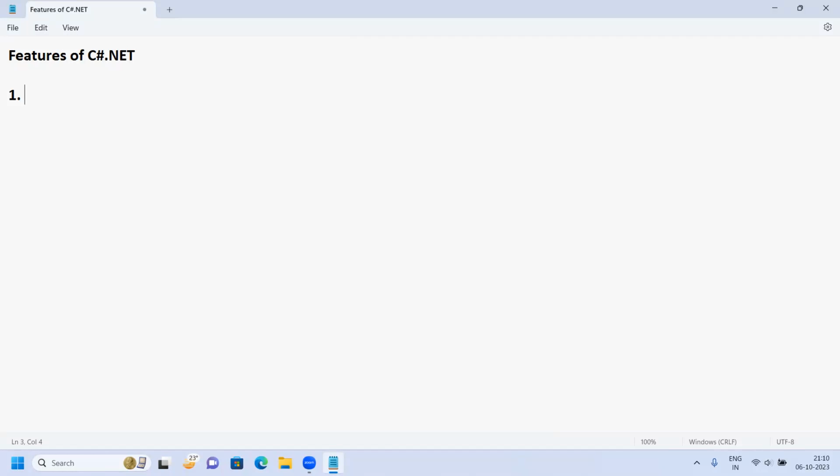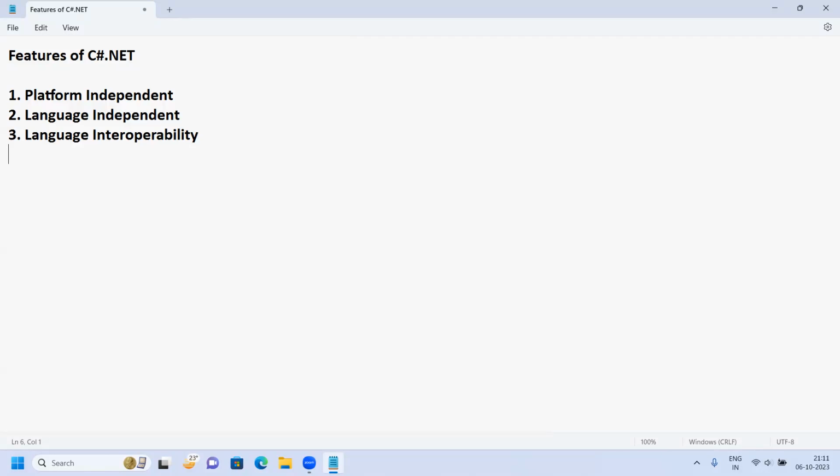One was platform independent, second was language independent, and third was language interoperability. These three features.